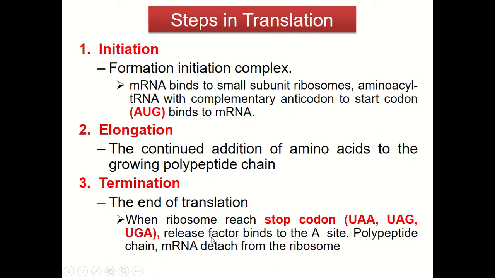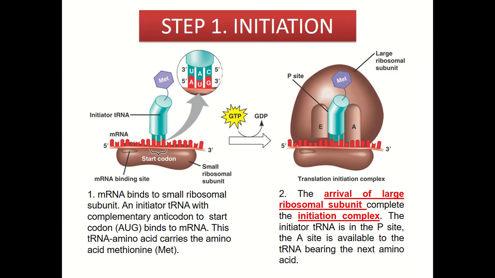The release factor will bind to the arrival site of the ribosome, and the polypeptide chain and also the mRNA will detach from the ribosome. The release factor is the same as the terminator in the transcription process. So let's look in more detail at each step in translation.